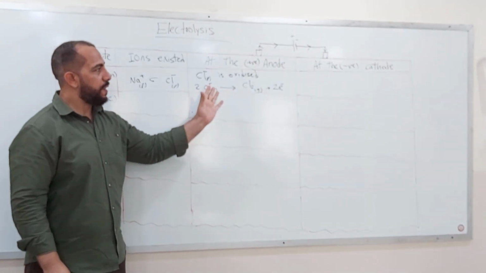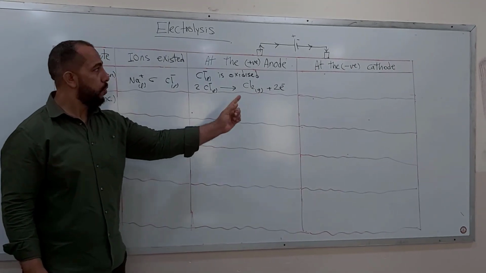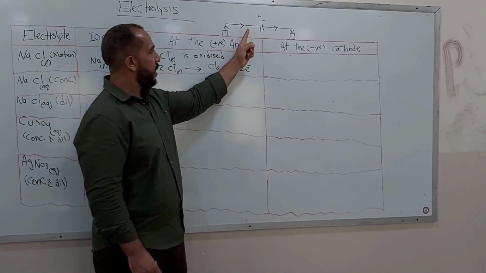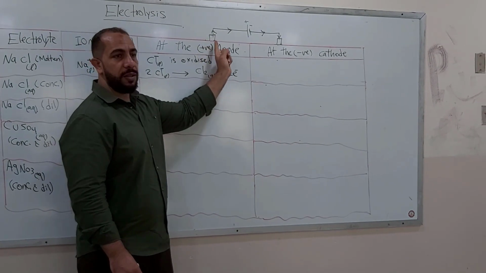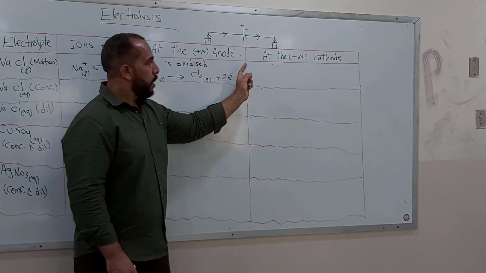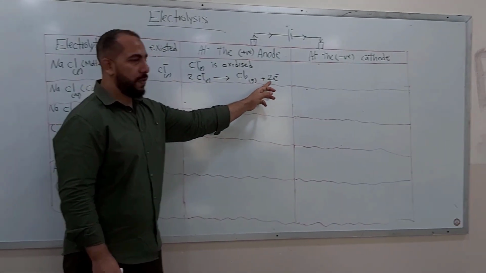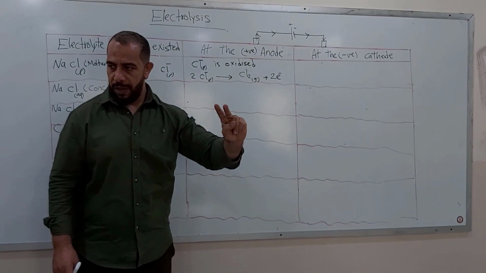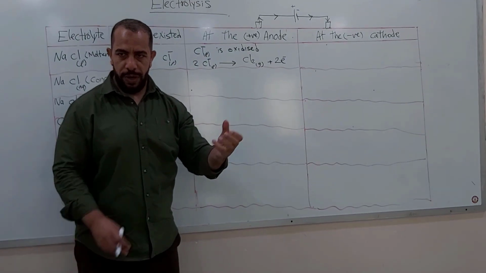Okay? And then what's going to happen at the cathode, the negative electrode? Remember, this is the battery, and here is the cathode, the one connected to the negative, and here is the anode, the one connected to the positive. Okay? So guys, how many electrons do we have here? 2. So we need 2 sodium ions to gain these 2 electrons.